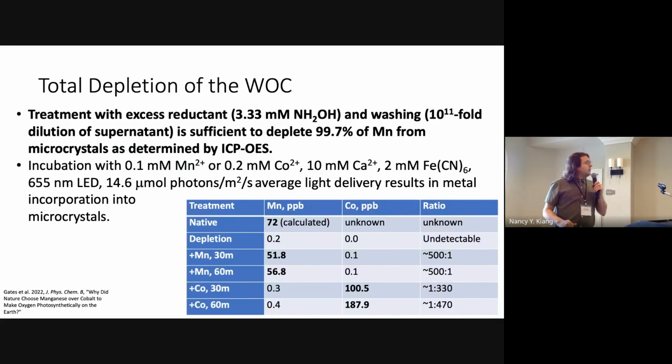So we were able to fully deplete manganese from photosystem 2, and then as I said, you can reconstitute it. And if you reconstitute with manganese, you will get partial recovery. And this will still produce active photosystem 2 with the new water oxidizing complex in it.